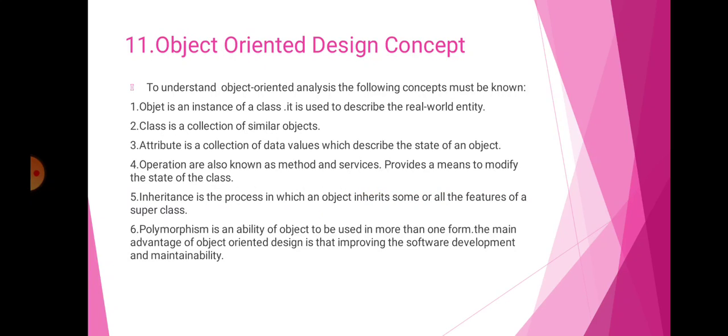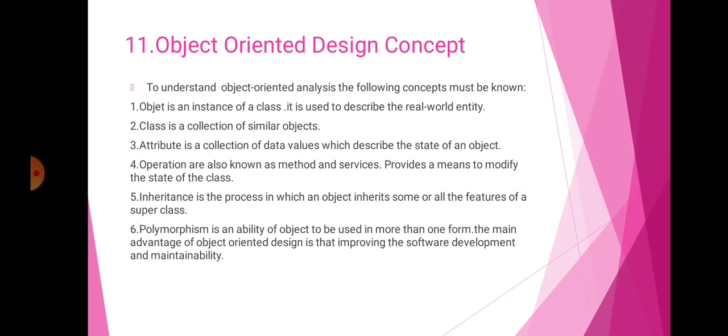Then object-oriented design concepts. Today, the object-oriented paradigm is widely used in modern software engineering, so object-oriented concepts are used in design methods such as classes, objects, polymorphism, encapsulation, inheritance, dynamic binding, information hiding, interfaces, and so on.